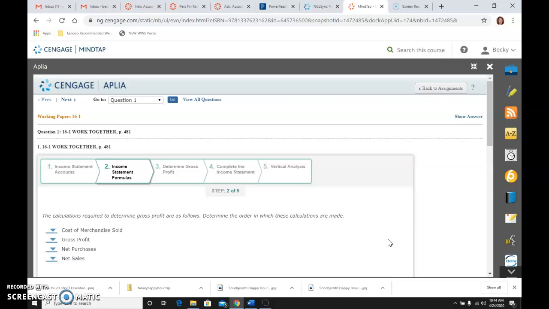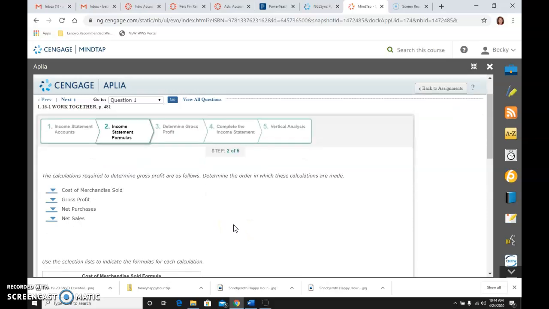So then we go to the next step, and it says the calculations required to determine gross profit are as follows. Determine the order in which these calculations are made. So first we would figure out net sales.